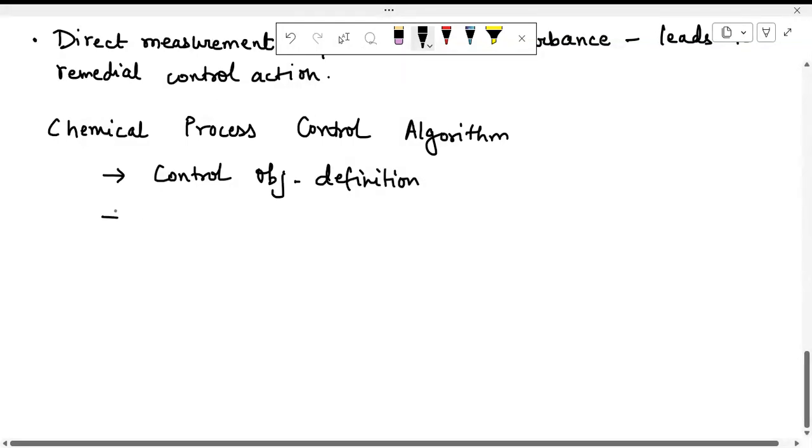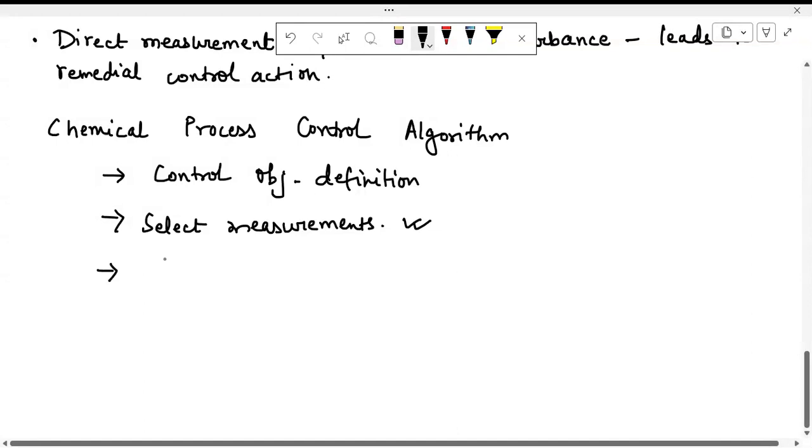The next step is we will select the necessary measurements. Right now we are in this step. We are trying to understand which variables are of interest to us and how we can measure them, or if they cannot be directly measured, how we can relate them to other measurable quantities.